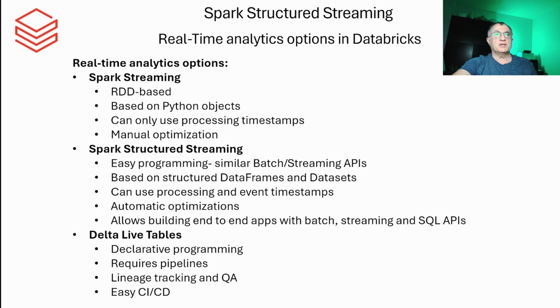What's great about Delta Live Tables is that it allows easy lineage tracking, so you can easily see the dependencies of your tables and transformations within the pipeline, and you can easily build QA rules on top of your tables, like certain constraints and conditions that need to hold on your table. Finally, it makes CI/CD of your solution much easier. To give you one example, you don't need to create databases and tables beforehand, because Delta Live Tables will take care of them automatically.